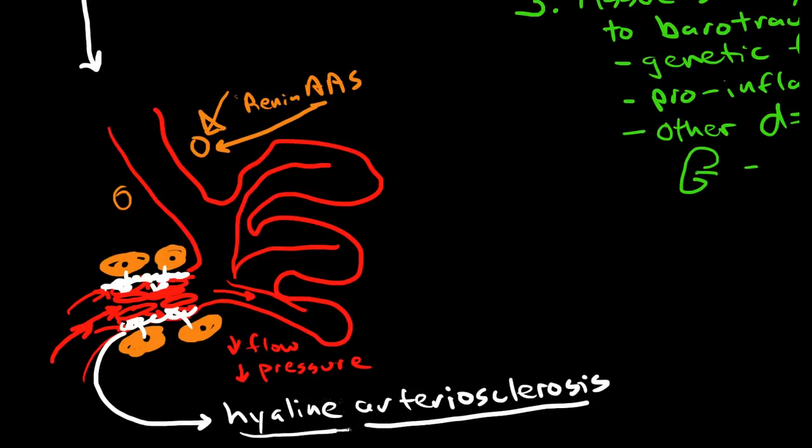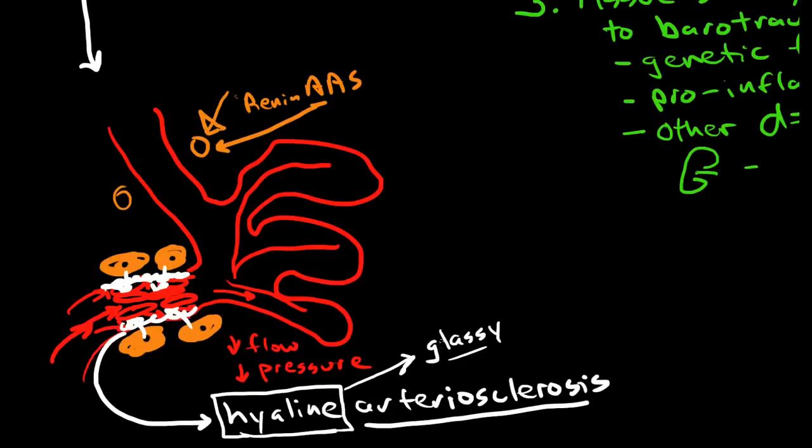Now, a lot of people get confused that this suggests that this is similar to hyaline cartilage. It is not. They both share the same root from Latin, which means glassy. So this has a glassy appearance under the microscope, but it has a very different composition than cartilage. It's made up of fibrin and collagen and some lipids.